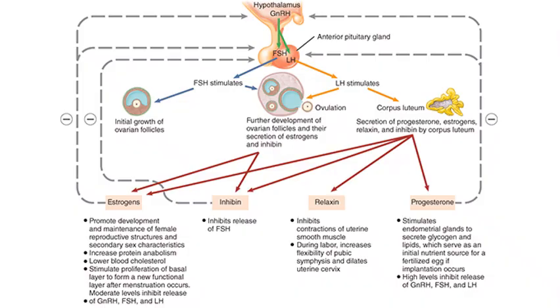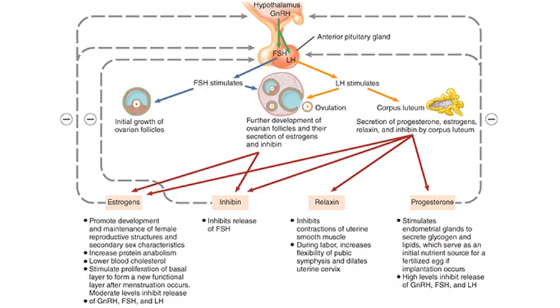It helps to increase protein anabolism, which includes the building of strong bones. In this regard, estrogens are synergistic with growth hormones. It helps with lowering blood cholesterol level, which is probably the reason that women under age 50 have a much lower risk of coronary heart disease than do men at the same age.